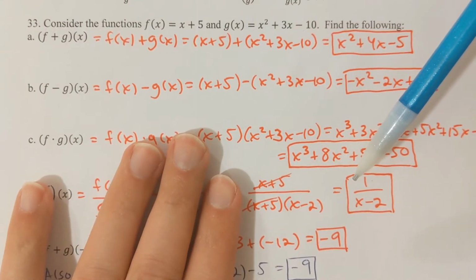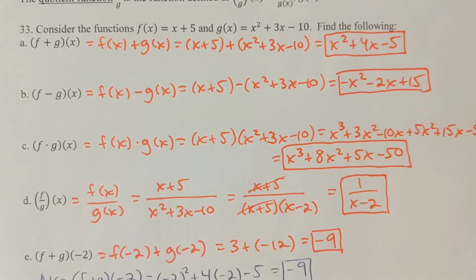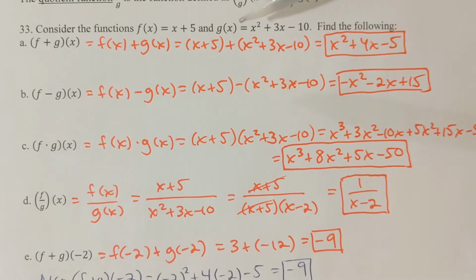Let's take a look at problem 33. We want to consider the functions f of x equal x plus 5 and g of x equal x squared plus 3x minus 10. We're going to do some calculations here. Part A, we want to find f plus g of x. Well, that's the sum function, which by definition means that I just add the two functions together.